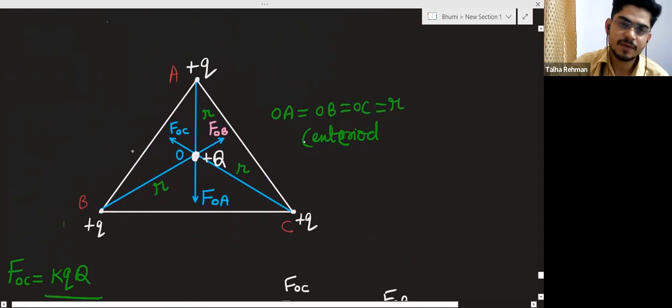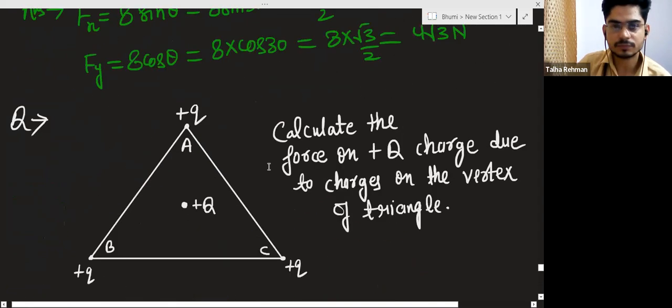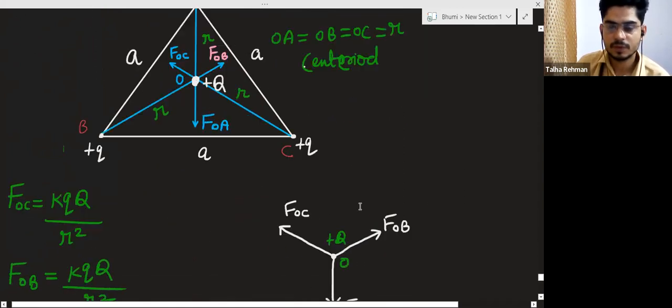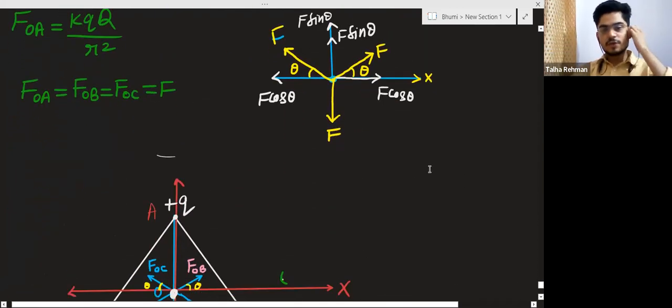And I have mentioned that this is the equilateral triangle. All sides of an equilateral triangle are equal.